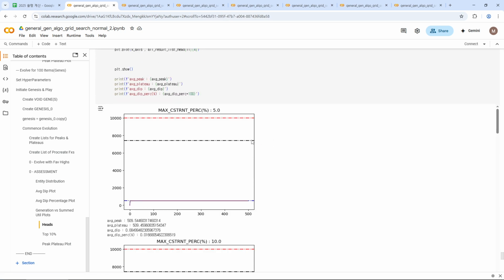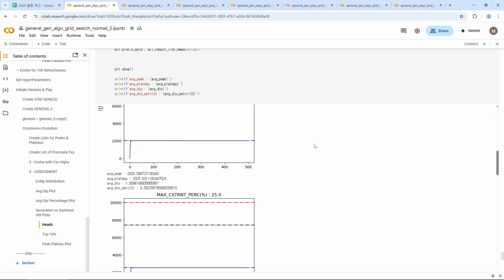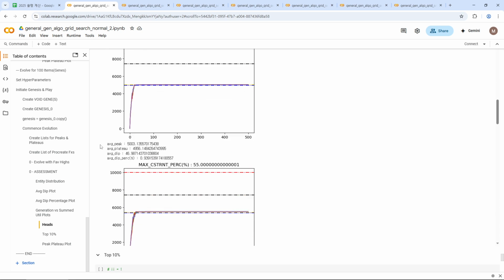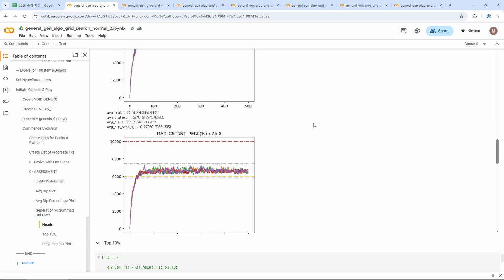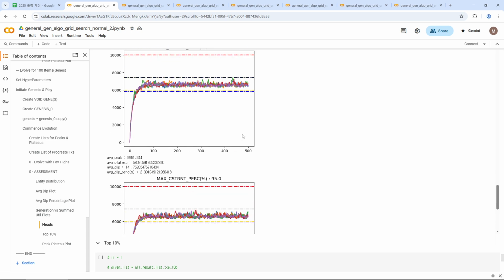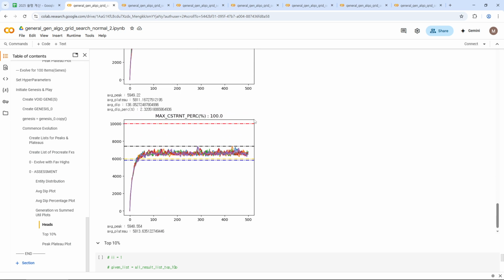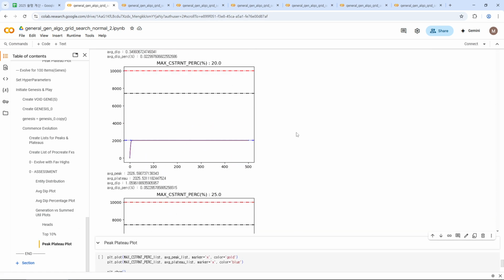Heads, when do we hit the black line? I should speed this up, but anyway, this is the first notebook. At 85 we kind of hit, I think, the maximum ever. At 90 we do, I think. 95 we don't. 100 we do. That's cool. So let's have a look at those from the very back.